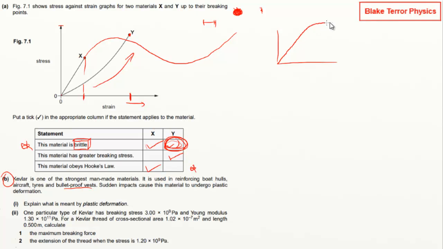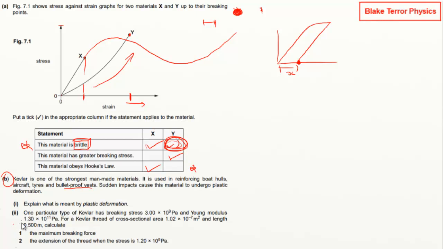It might come out and do something like that. So once you've removed your stress and you've gone back and hit the X-axis here, as in the Y value is 0, your stress is 0, you've got this now permanent extension on the strain axis. So that is your plastic deformation, that you have a permanent extension once the stress has been removed.